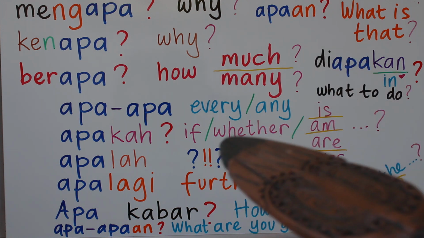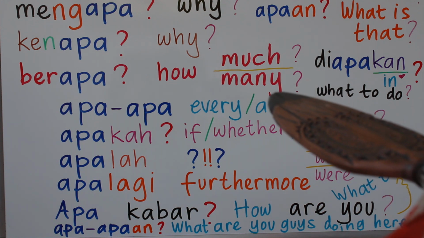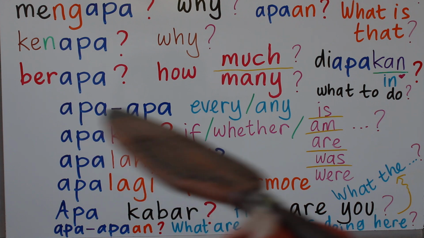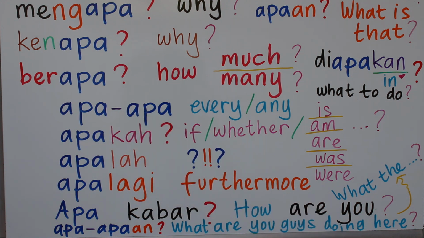I will do an example here. Diapakan. And then now the casual version. Diapain. Diapain. Yeah. That's why I put the heart here, to mark this as the informal or casual slang.